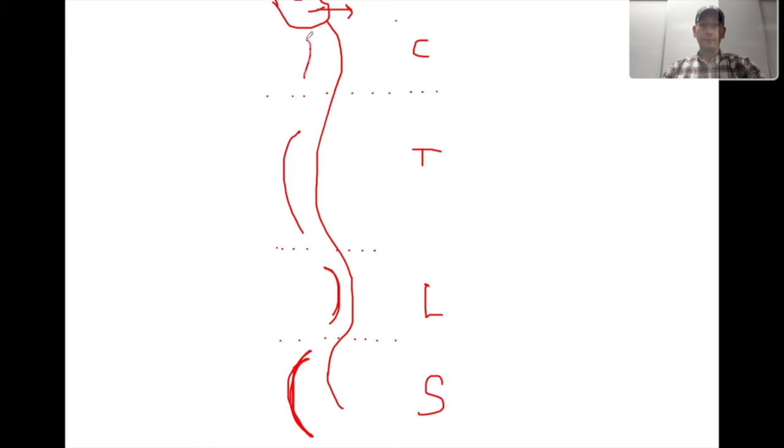Well, we have primary curves and we have secondary curves. The primary curves are called primary because you are already born with them. They're already formed when you're born. So this is what you look like as a baby. This is the curve of your entire back.